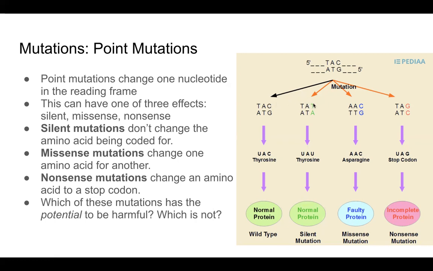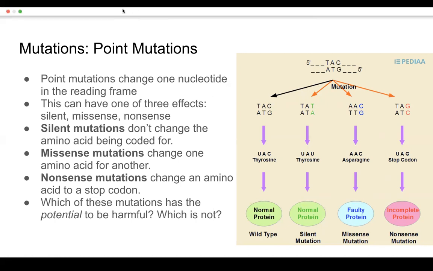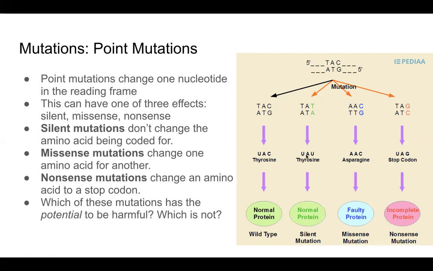So during translation, TAC would have coded for a tyrosine. And in this case, with the TAT, the outcome is still a tyrosine. So the primary structure does change, which is very important to note, but overall, it's probably not going to change tertiary or quaternary structure just because it's the same amino acid. So it's going to have the same chemistry and most likely the same shape and function.